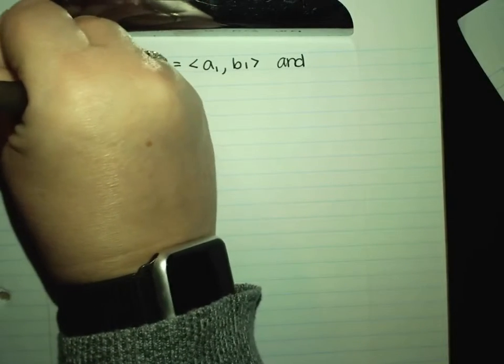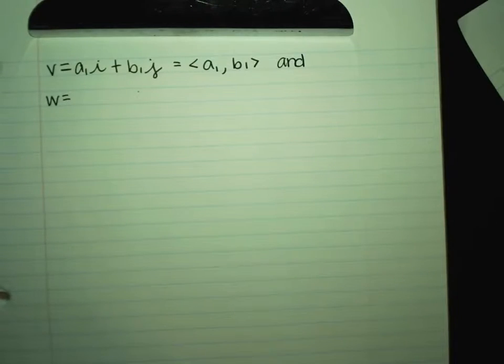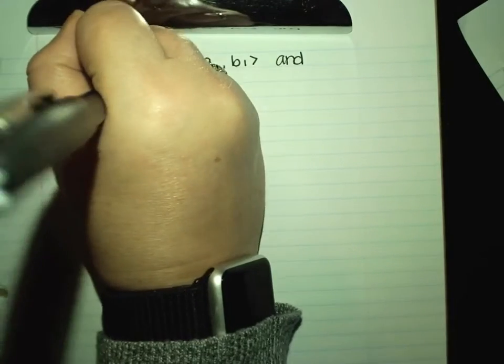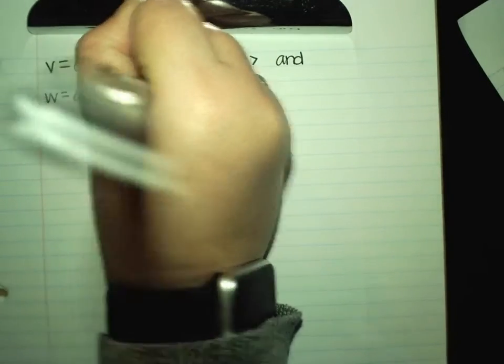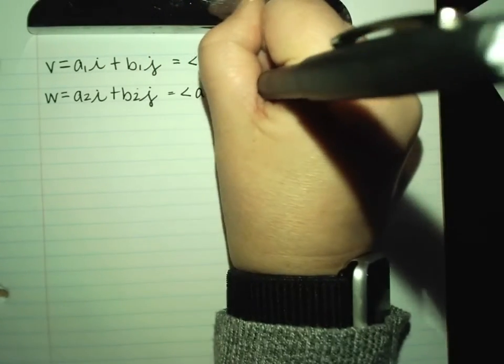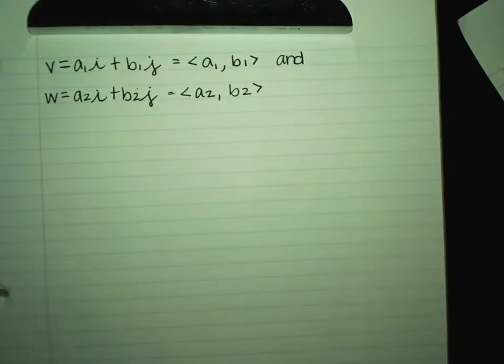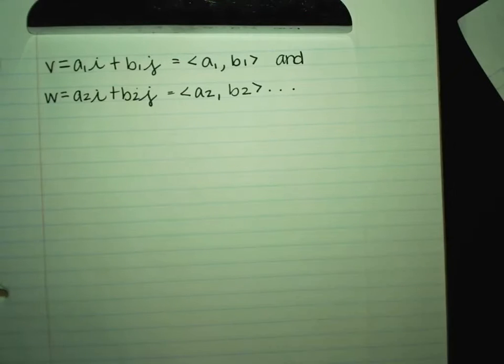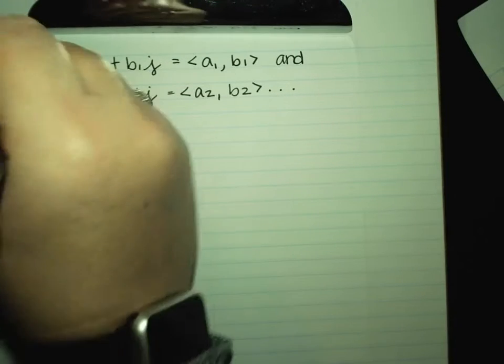And W is equal to A2I plus B2J. So that's A2, B2. Dot, dot, dot. Now come our 4 properties.